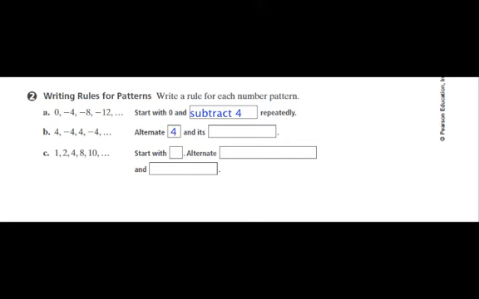Alternate 4 and its opposite. For part C, 1, 2, 4, 8, 10. We start with 1, then we alternate multiplying by 2 and adding 2. Pause the video at this time if you need more time to finish the notes.